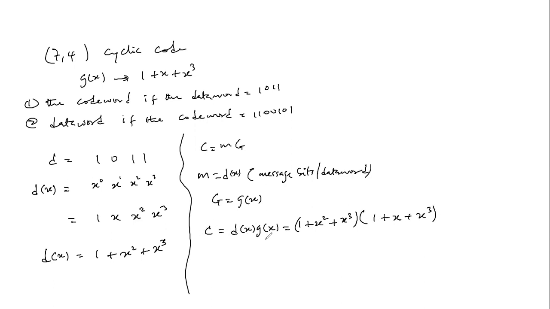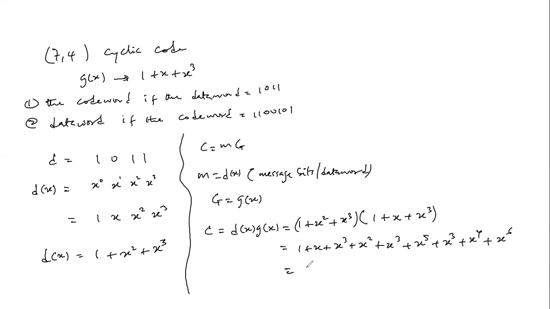And once we expand this, we get 1 plus x cubed plus x squared plus x to the power 5 plus x cubed plus x to the power 5 plus x to the power 4 plus x to the power 6.